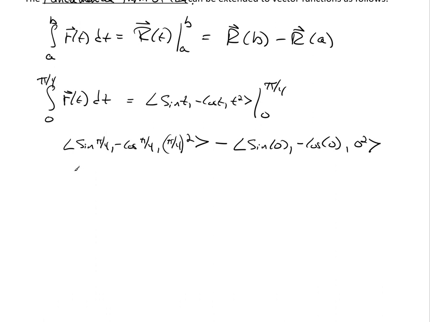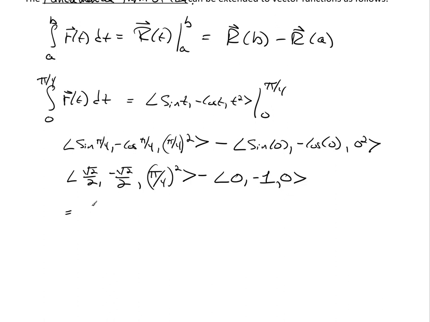Well, sine of pi over 4 is root 2 over 2. Negative cosine of pi over 4 is negative root 2 over 2. And obviously, pi over 4 squared is pi over 4 squared. Minus sine of 0 is 0. Cosine of 0 is 1, so negative cosine of 0 is negative 1. And, of course, 0.